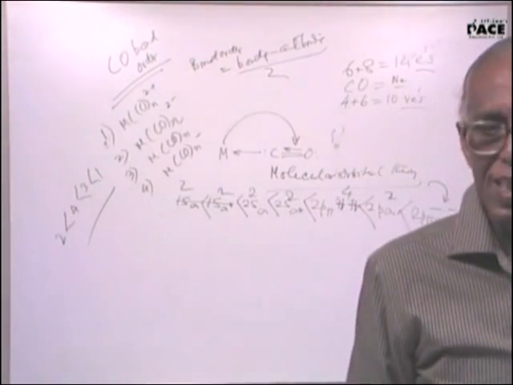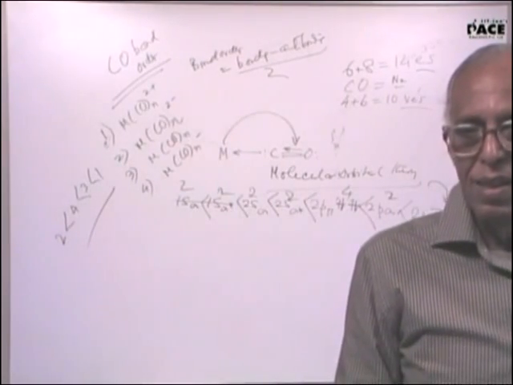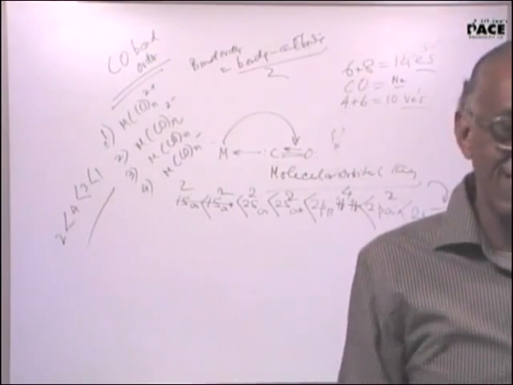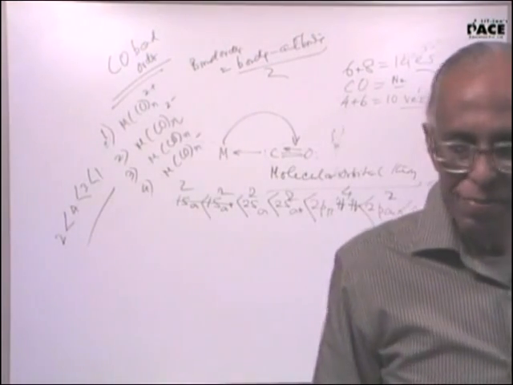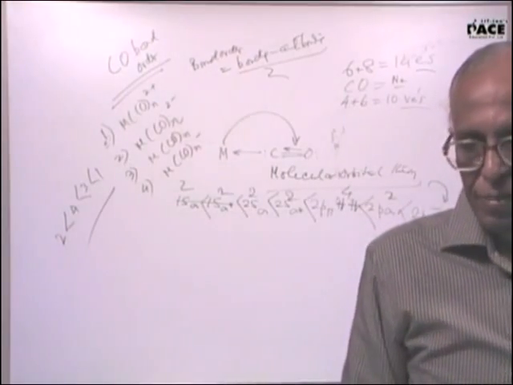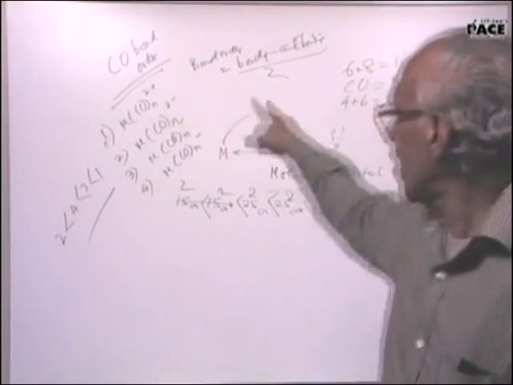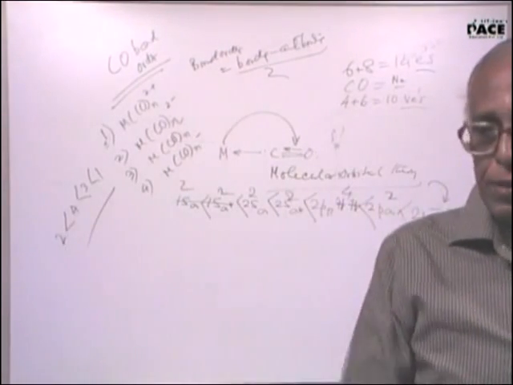The concept is, as I told you, the more negative the oxidation state of the metal, the more electrons are present in the metal. As a result, it is a better donor of electrons. The higher the positive oxidation state, the higher the electron deficiency of the metal.